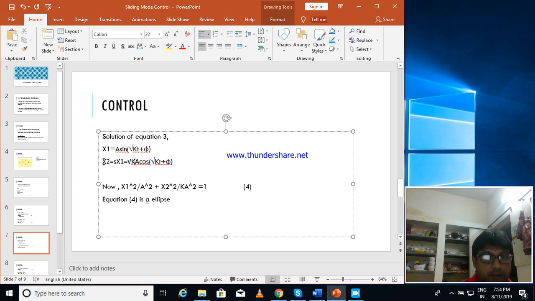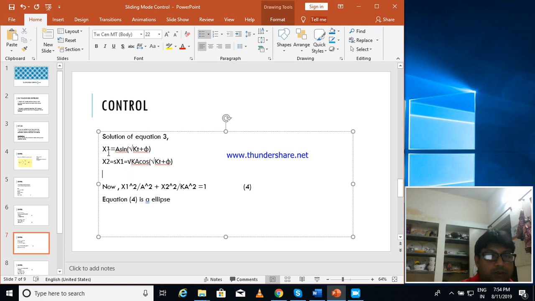Now x2, I am defining one variable x2, which is nothing but the derivative of this x1, and which is nothing but this one. This is very simple differentiation. Sine theta becomes cos theta, and root k comes out. Now x1 by a is equal to sine of some theta. Let us consider this part as theta.